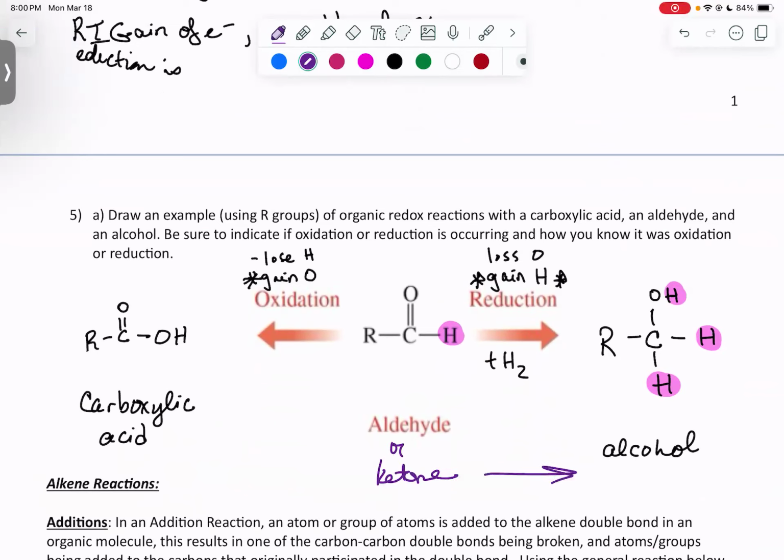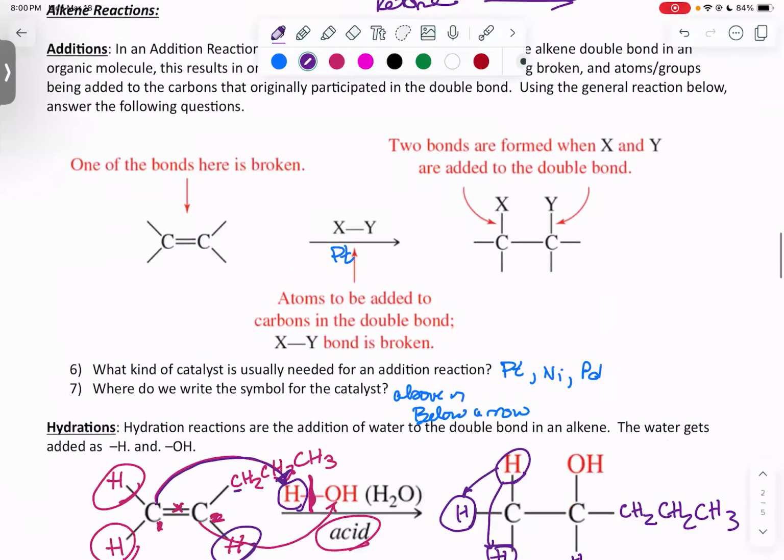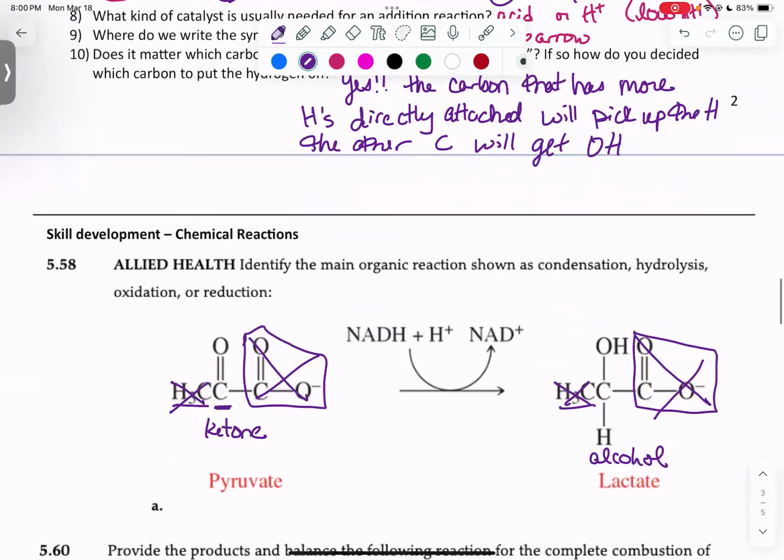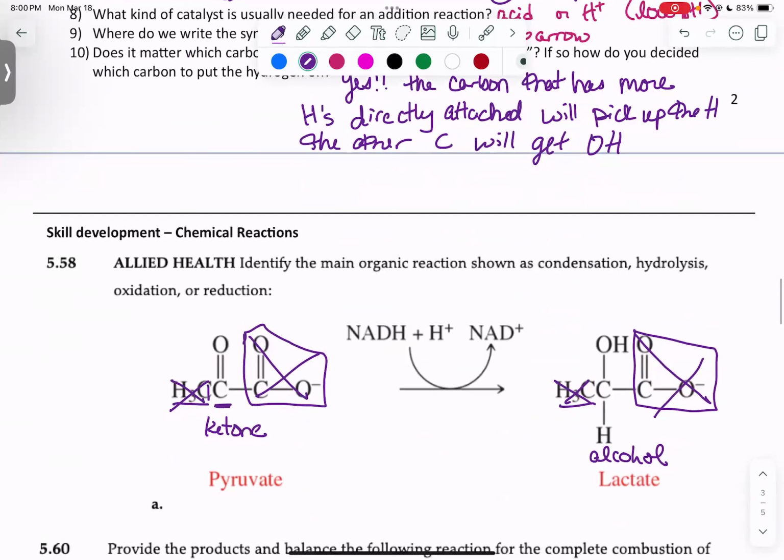It won't go back the other way, but it will be able to be reduced. So if we look here, we can say what's happening. If I look at everything I haven't crossed out, I've basically crossed all of this stuff out, so I'm not going to count it anymore. So I'm going to look and see what happened.